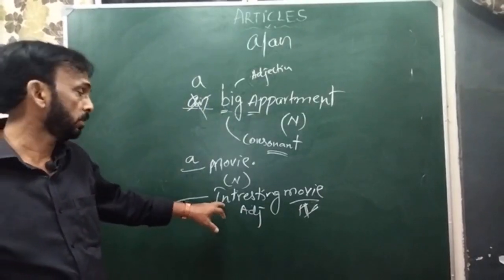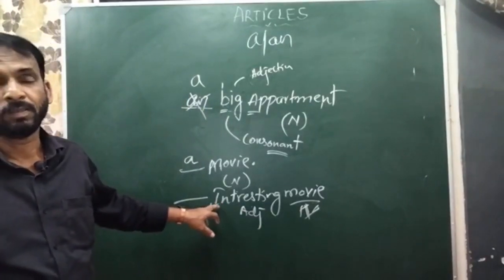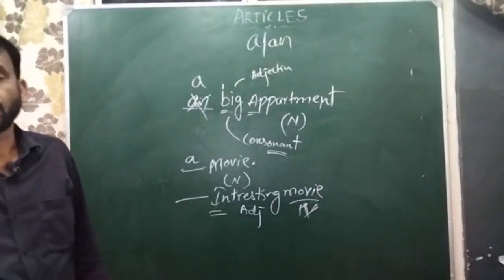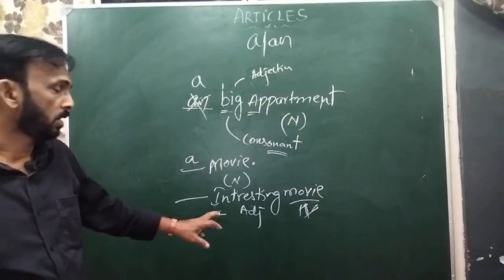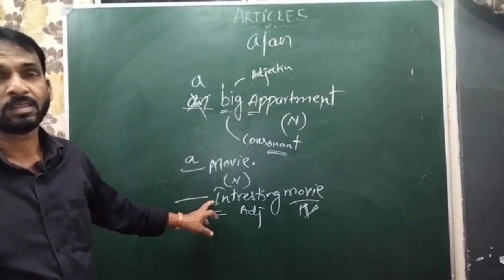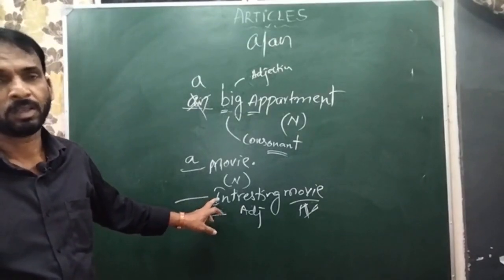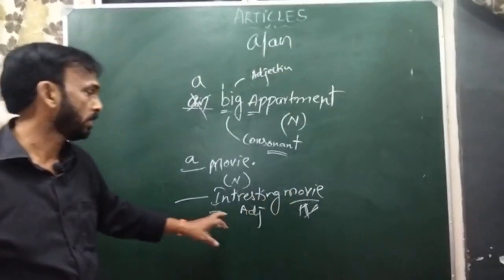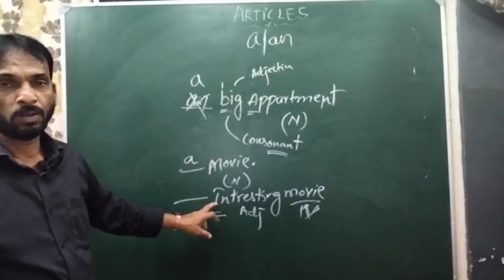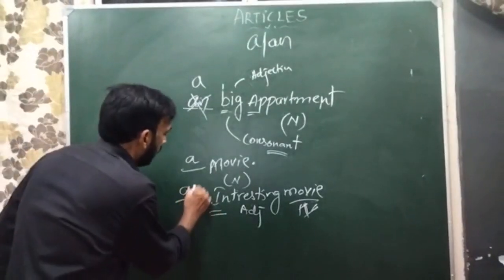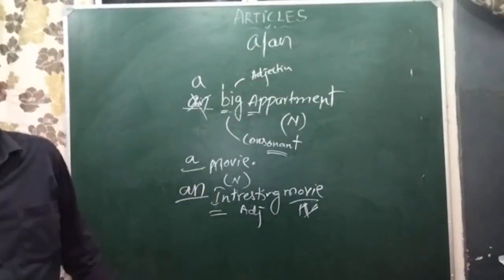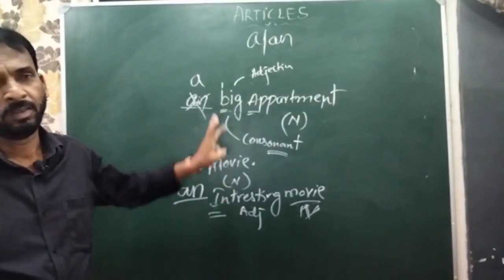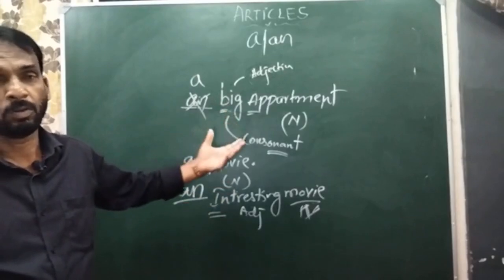The first letter of this adjective is I. So we have to select according to this I, and I is the vowel, not a consonant. Okay, M is a consonant, but I is the vowel, so we have to write an interesting movie. An interesting movie. That's it. Okay, these 2-3 rules we have learned.